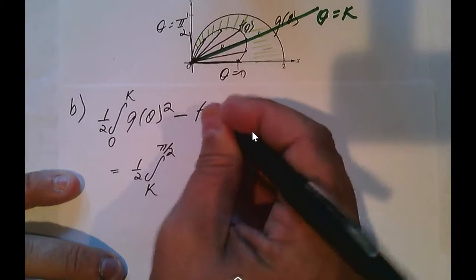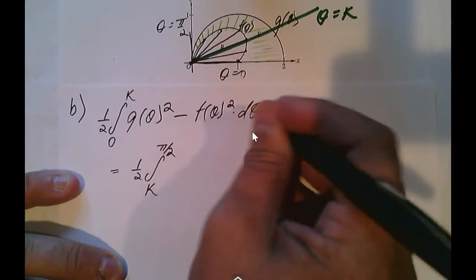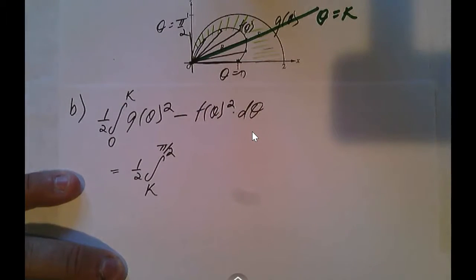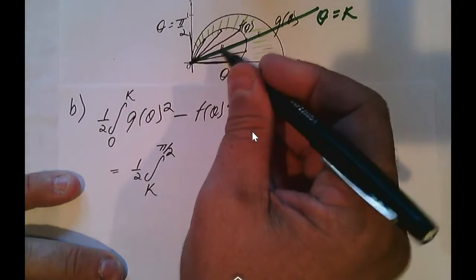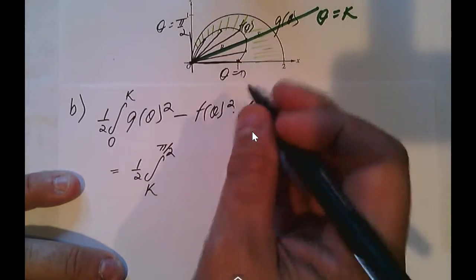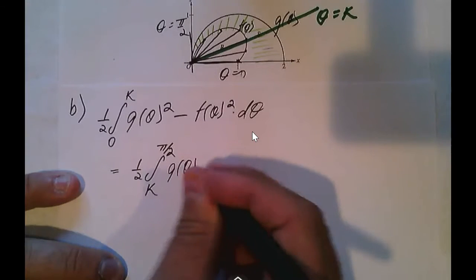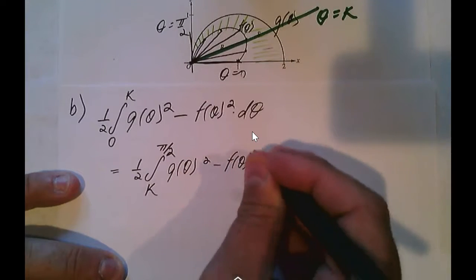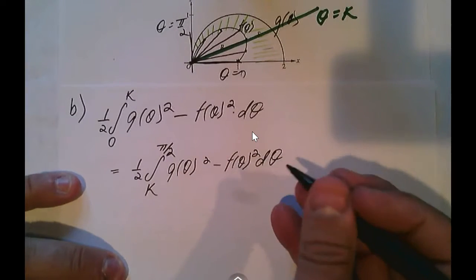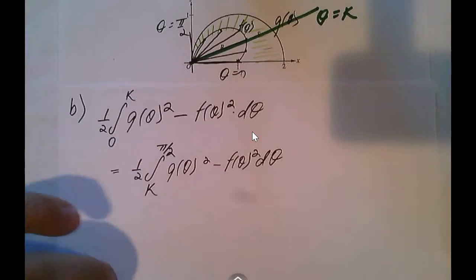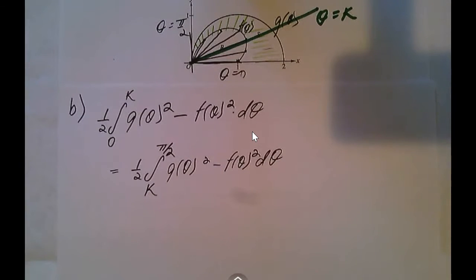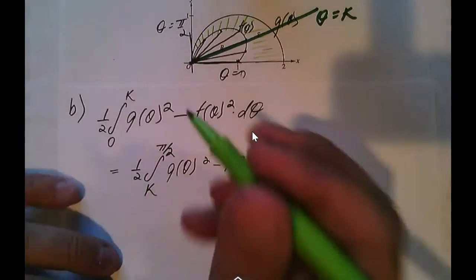What are you going to do? You're going to subtract that out. So minus f of theta squared d theta. What about from k to pi over 2? Same thing. G of theta squared minus f of theta squared d theta. That's it. This was worth 2 points. They awarded 1 point for the integral expression for one region.